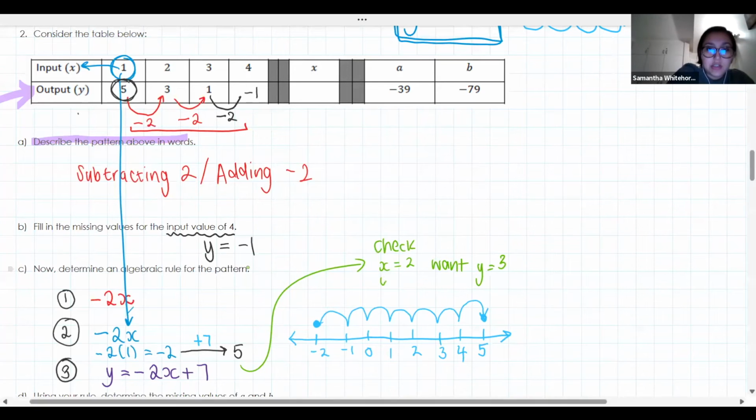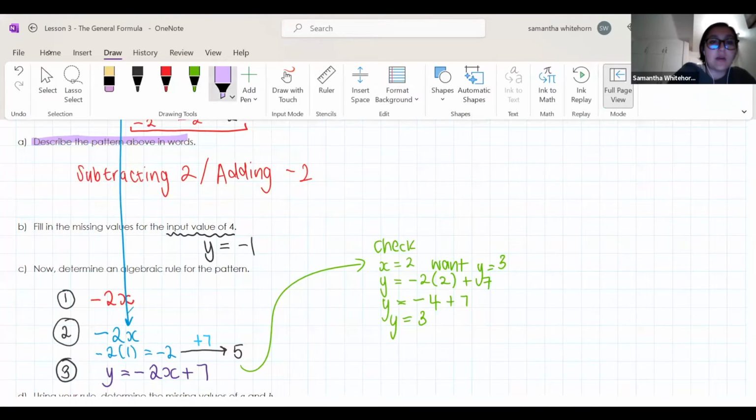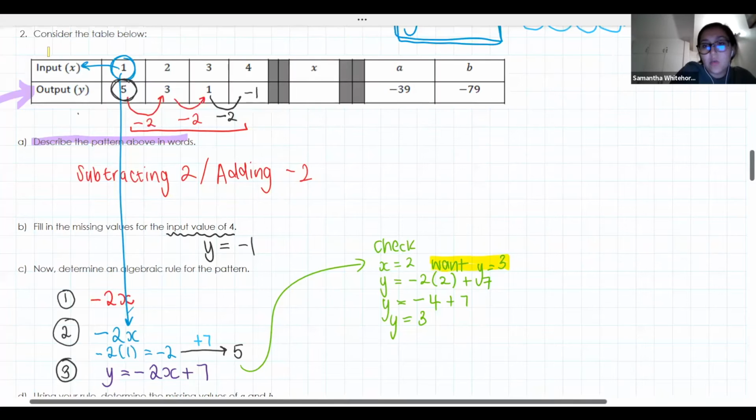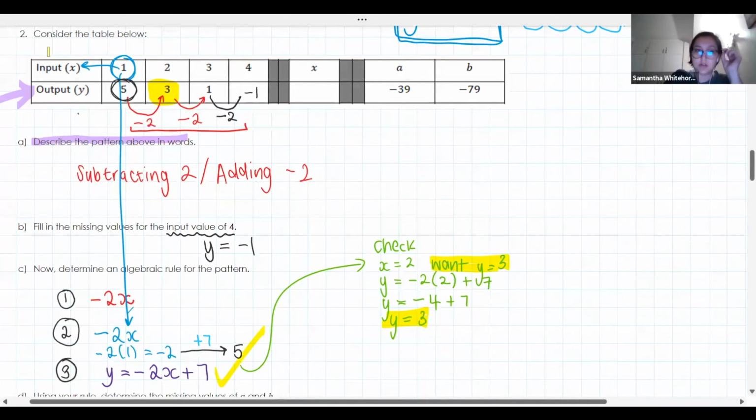So if I substitute this in, y is equal to -2 times 2 plus 7. -2 times 2 is -4 plus 7. -4 plus 7 is 3. Look at that. We got exactly the y value that we wanted. We said we wanted y equals 3. We got y equals 3. That's the output that we were looking for. And so what that tells me is that my rule is correct.